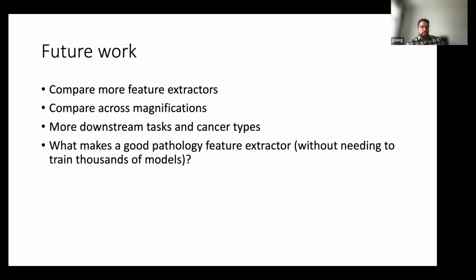And finally, the one question I'm thinking about, and might also be an interesting discussion, is to find some way of quantifying the quality of a feature extractor without needing to train a bunch of models. If we could just somehow analyze the latent space, find some sort of metric in the latent space that might provide some indication on the quality of the feature extractor without needing to train the downstream models.